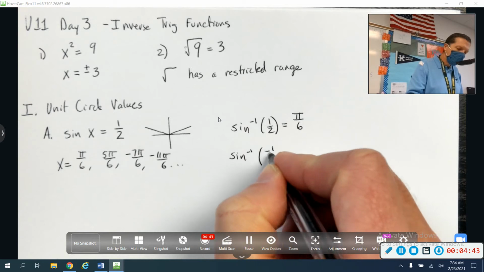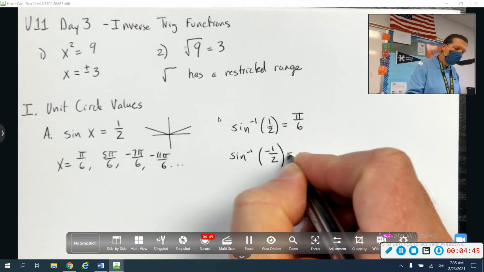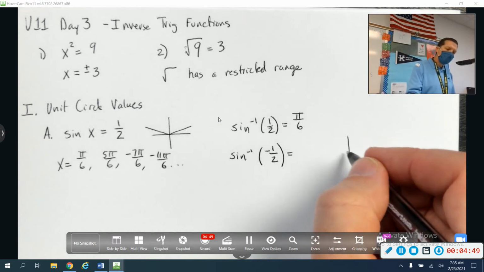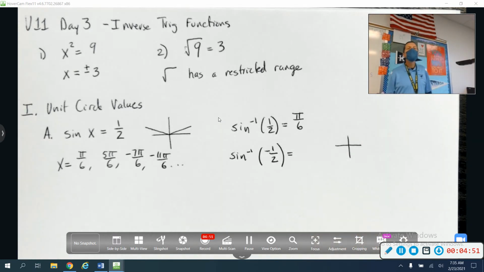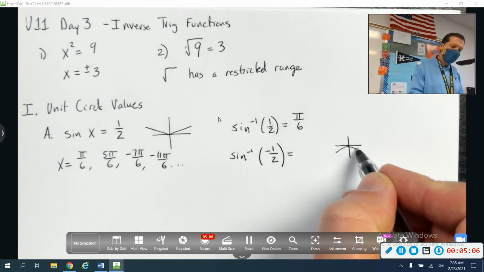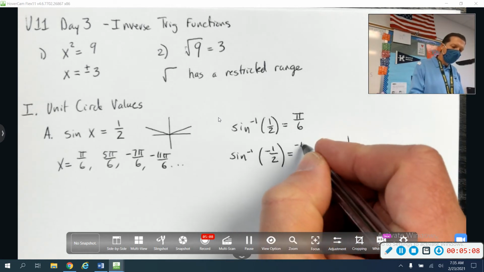How about the inverse sine of negative 1/2? Picture. So what angle has a sine of negative 1/2? Okay, so I heard negative pi over 6.